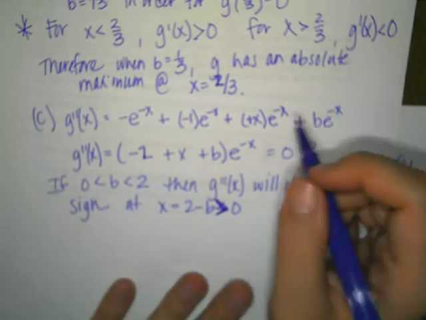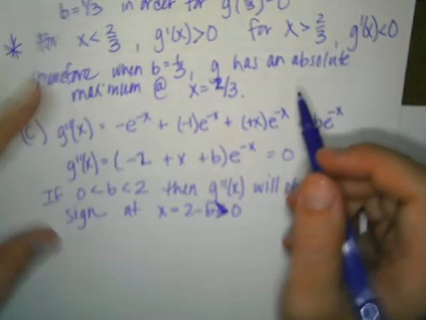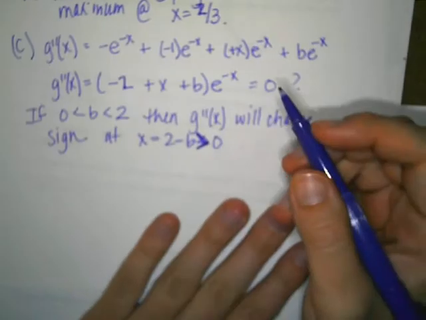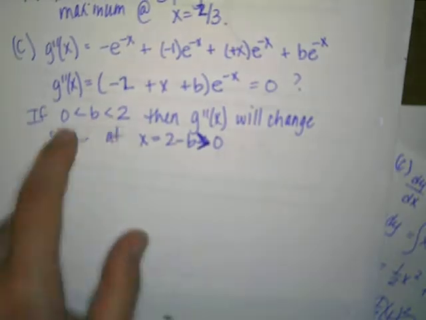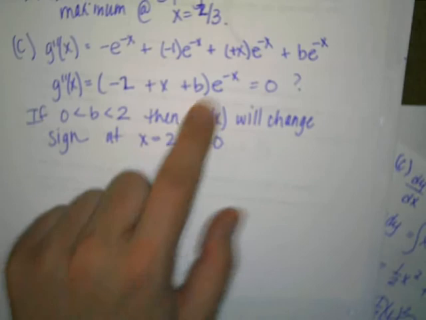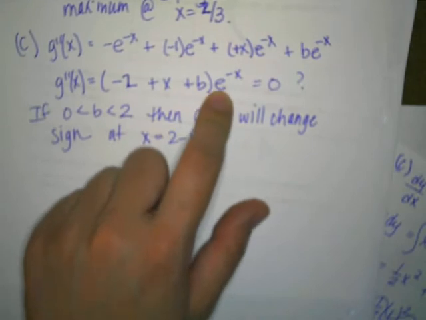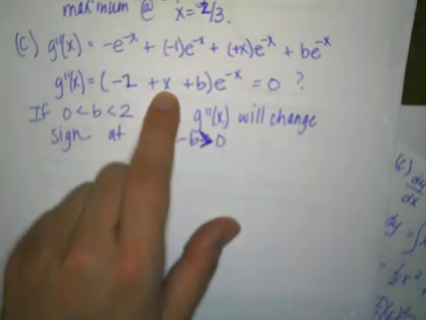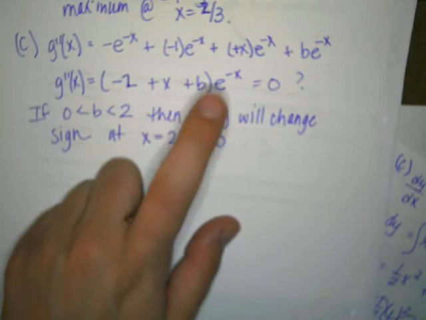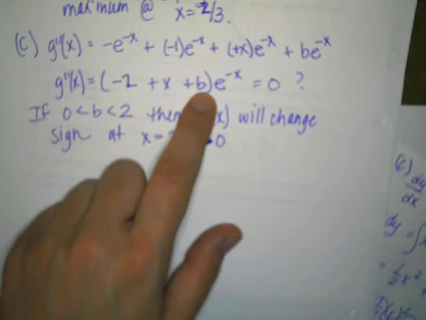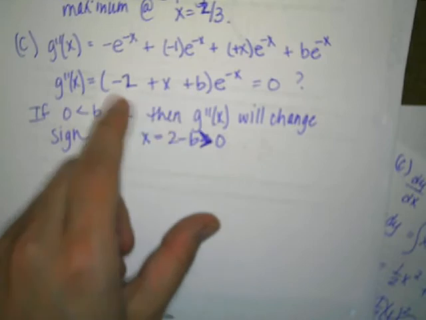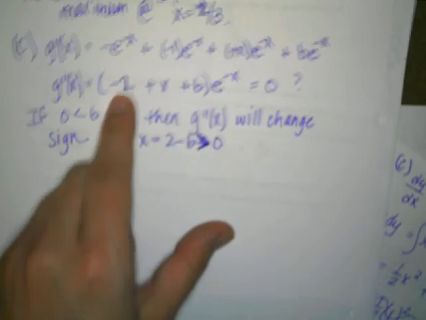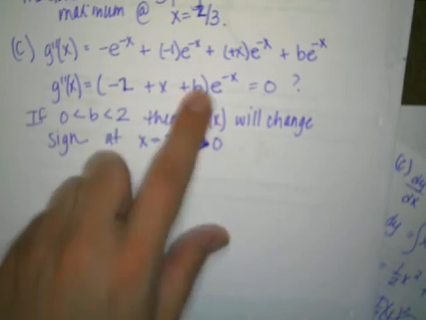And then we can state, well, let's dive into this a little bit more. If your b value is between 0 and 2, this is still a fraction, whatever x is. x can be any positive number between 0 and infinity, so we know that's going to be positive. So really you're just looking to see, okay, let's say x was 1. b has to be bigger than that in order to make that a positive value here, or to change concavity.